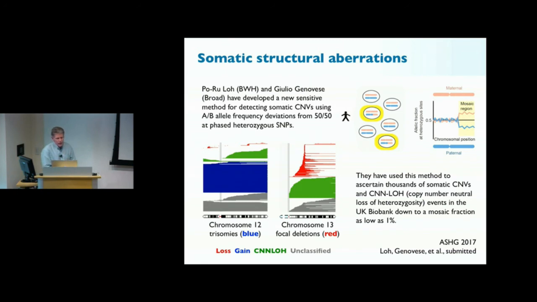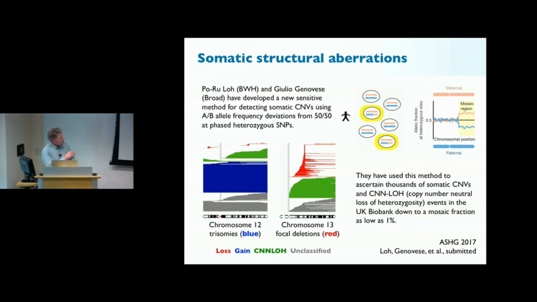And they've applied this method to the UK Biobank, where they've ascertained thousands and thousands of these mosaic copy number variants in blood, down to a fraction as low as like 1%. And Po-Ru gave a very nice talk about this at ASHG this fall.